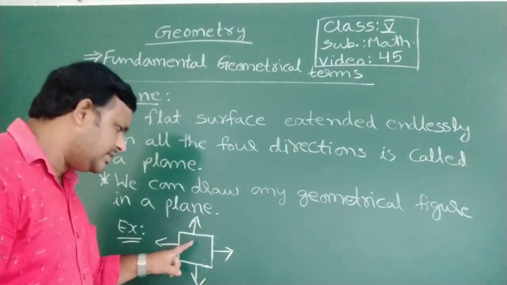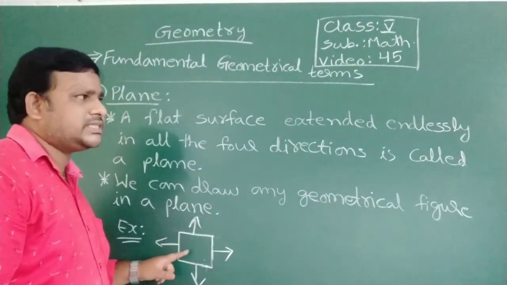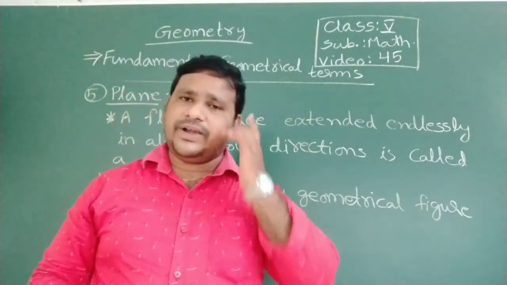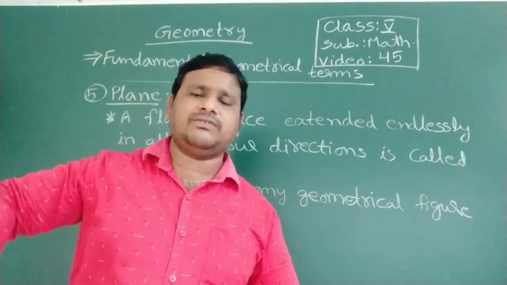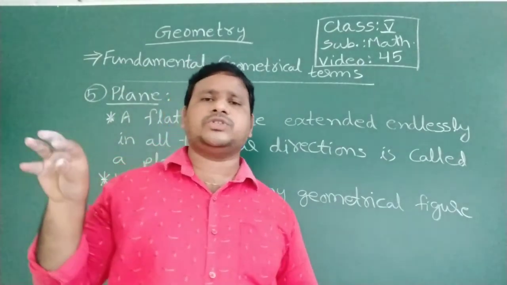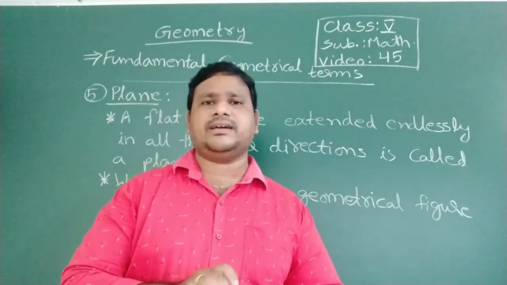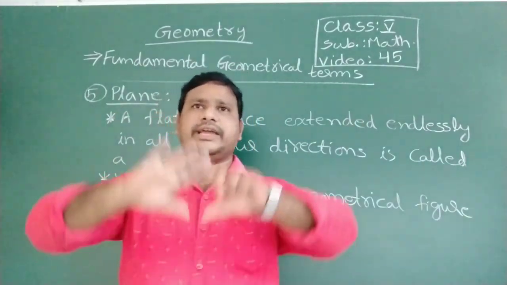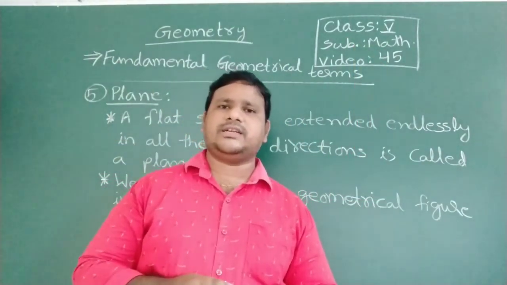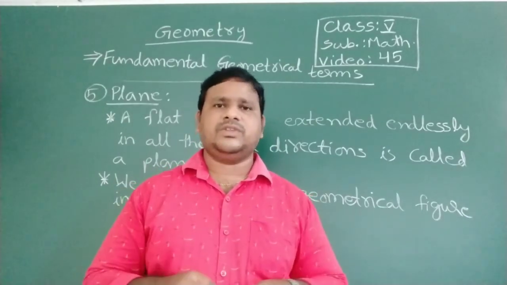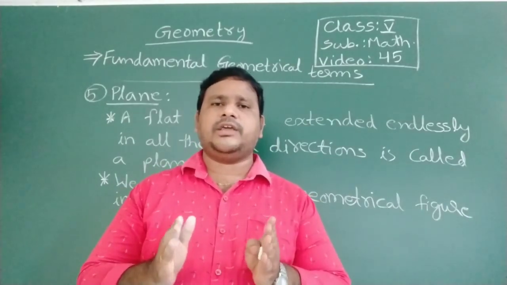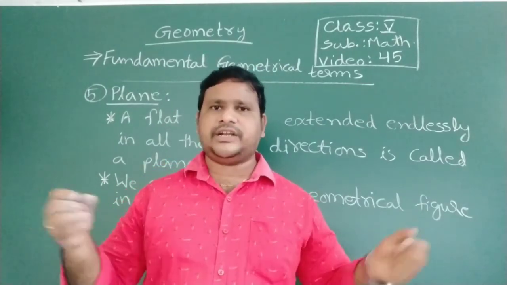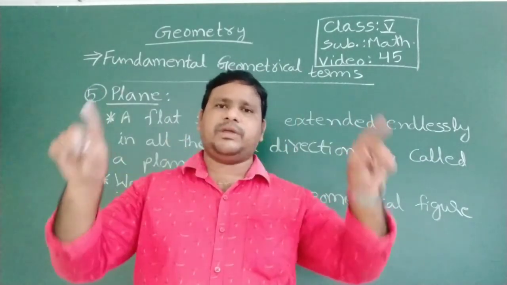So if I extend this part of the board endlessly, then I will get this plane. In the same manner, if I take one small portion of the flat wall and extend endlessly in all the four directions, then I will get that wall. Like that, if you take your slate or your book, a paper, a small portion of that paper, and extend it infinitely, then you will get that paper finally.